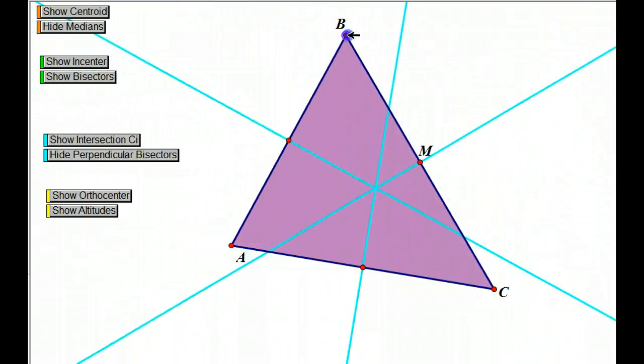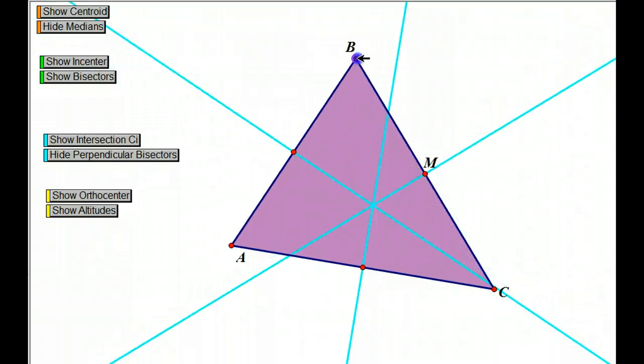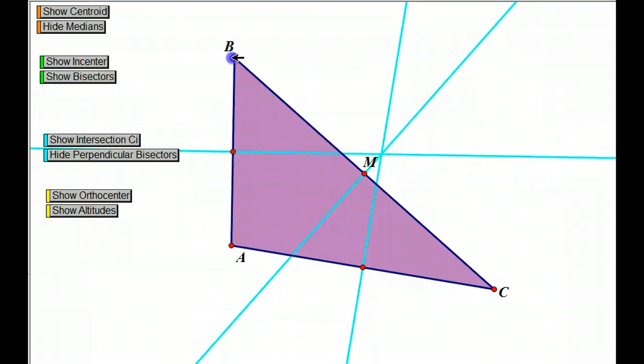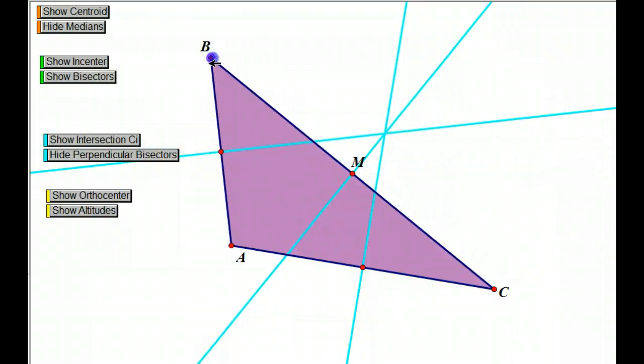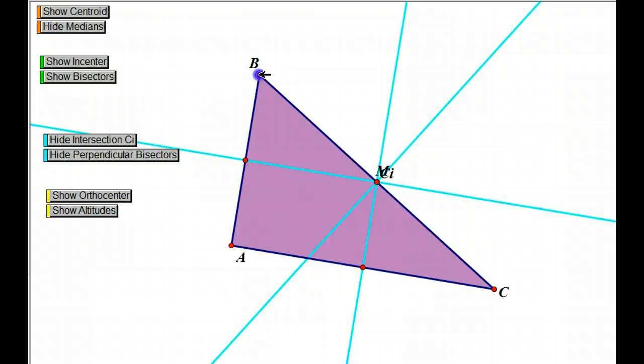right triangle, I can see that the perpendicular bisectors don't always intersect inside the triangle. Sometimes they intersect outside the triangle, and that point of intersection is called the circumcenter. As you can see, for right triangles, the circumcenter is on the hypotenuse, the midpoint of the hypotenuse.